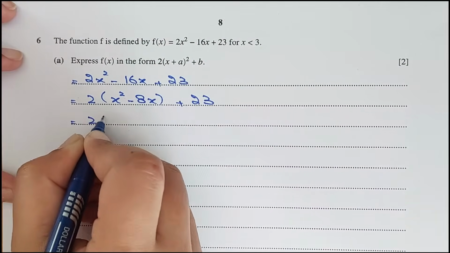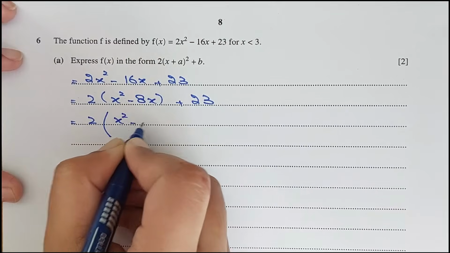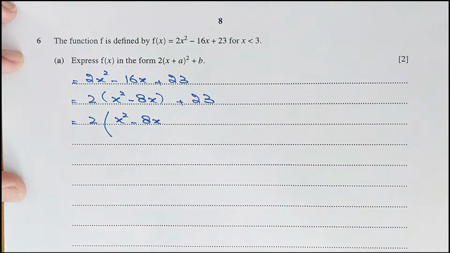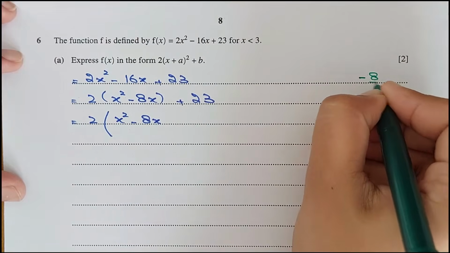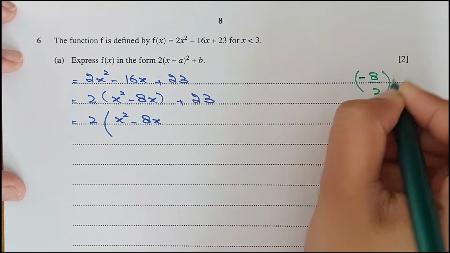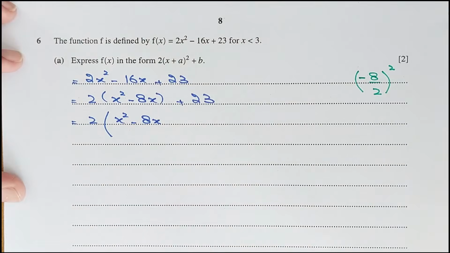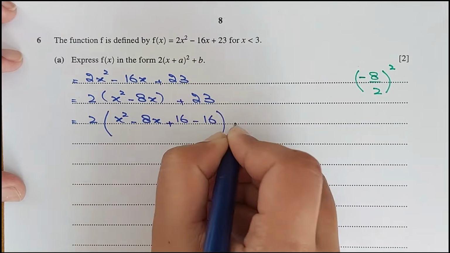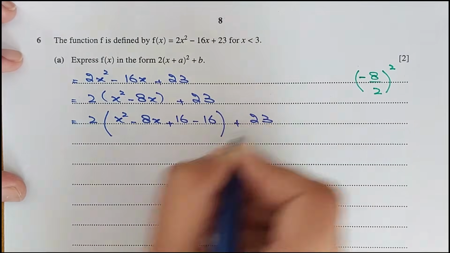Now 2 is outside, we have x squared minus 8x. Taking the coefficient of x, which is negative 8, dividing by 2 and taking its whole square: 2 times 4 is 8 and 4 squared would be 16. So we have to add 16 and subtract 16 inside the bracket, and plus 23 is outside.